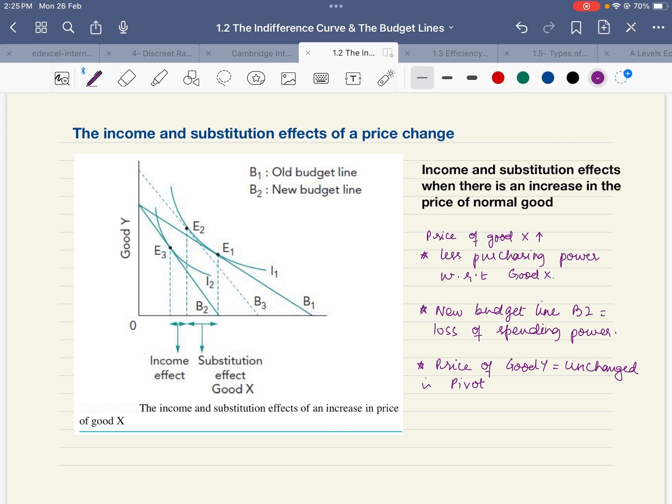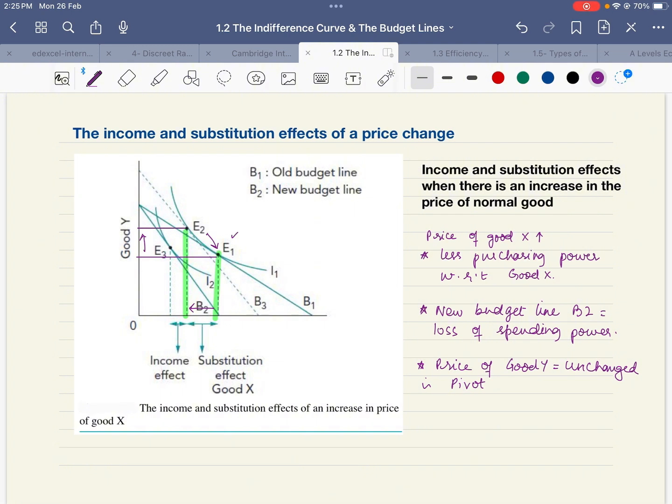This is the substitution effect, because the consumer started consuming less of good X. We can observe it clearly here that at point E they were consuming more of good X. They have moved inwards and started consuming less of good X to consume more of good Y. We can see there's a change in the quantity of Y as well.